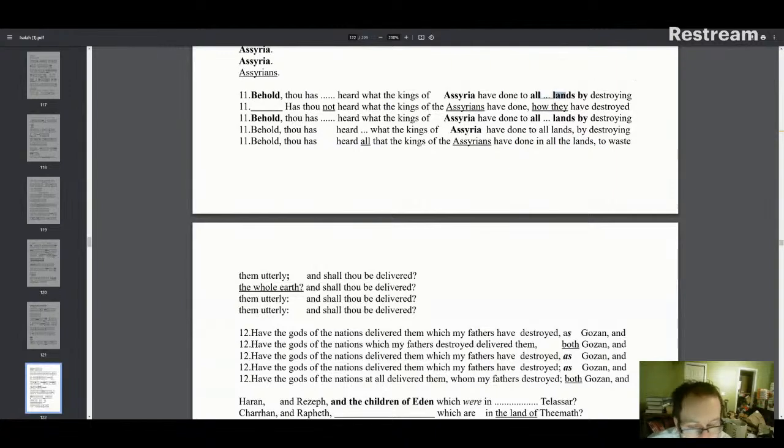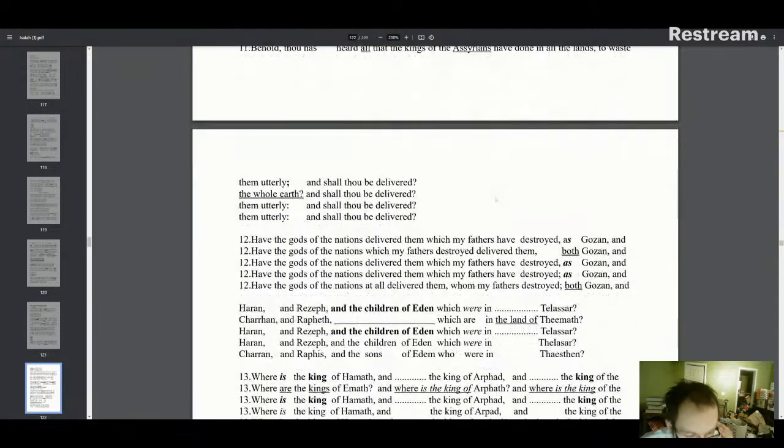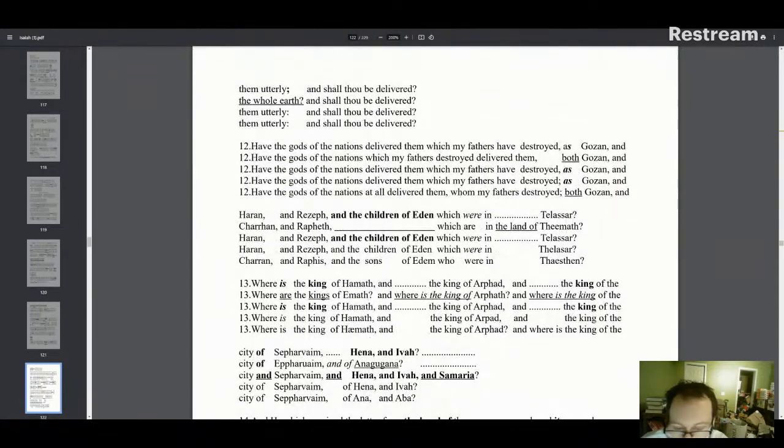All lands, Septuagint of Isaiah translates, or no, wait, let's see. Apparently that's Dead Sea Scrolls. Is that Dead Sea Scrolls? No, wait, hold on. I think that's the Septuagint. So the Septuagint said the whole earth. That's a translation of all lands right here. Okay, the children of Eden, all versions say that except the Septuagint of Isaiah.